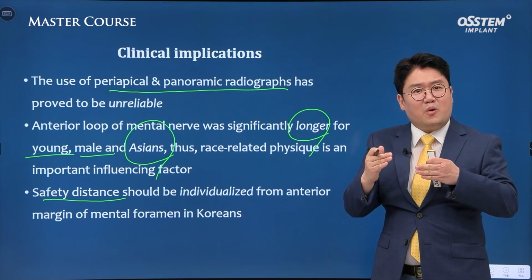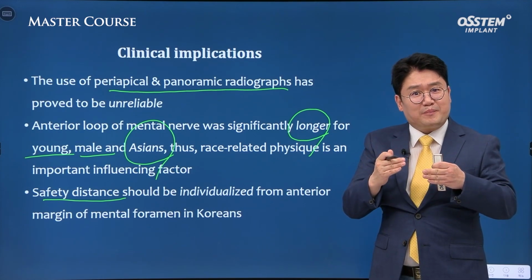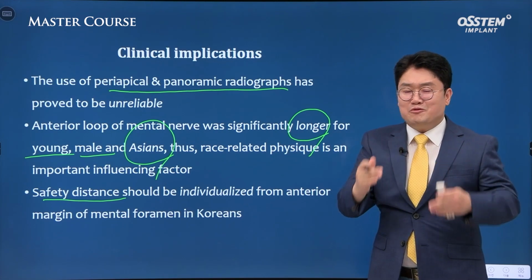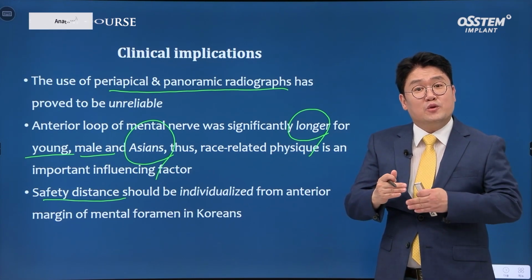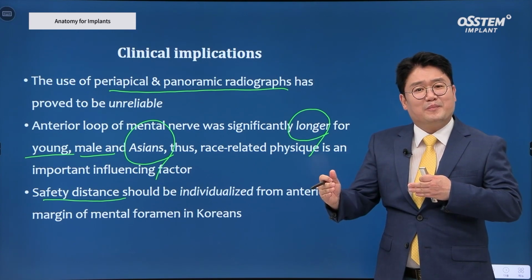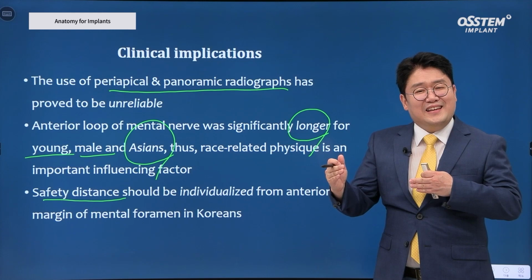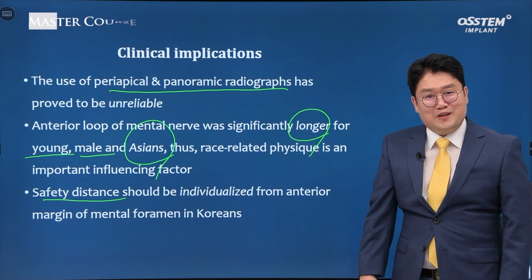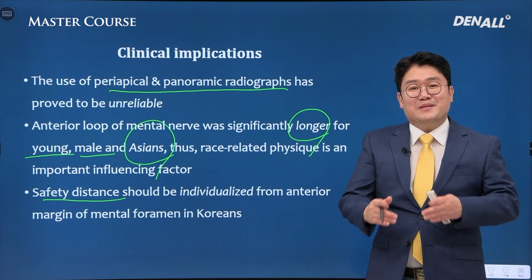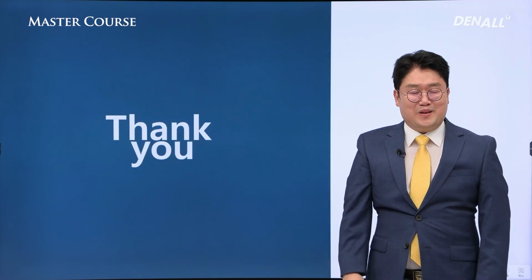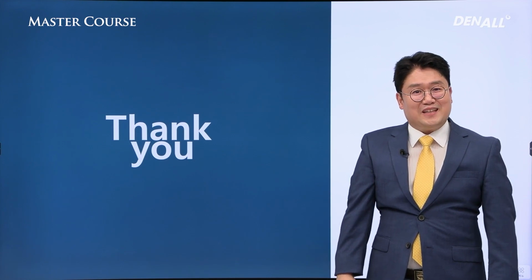I think this should be emphasized. It is different by patient, and especially Koreans among Asians tended to have an anterior loop, but the standards vary. When you do surgery in relation to the anterior loop, when placing an implant, you need to know about these. This anatomical knowledge is invaluable.